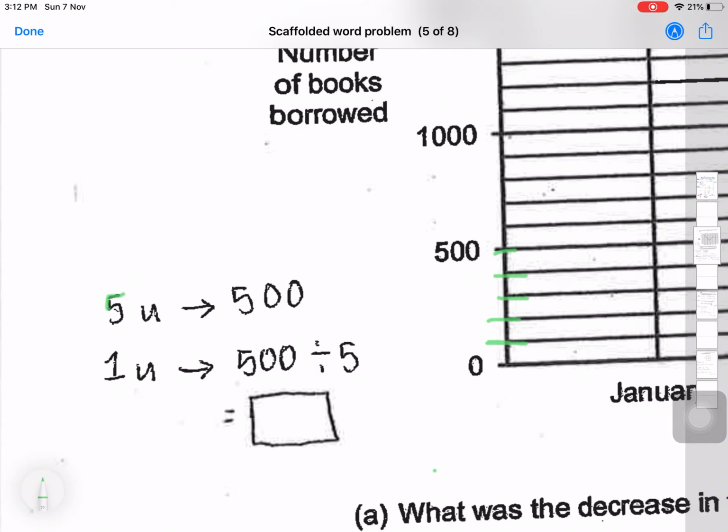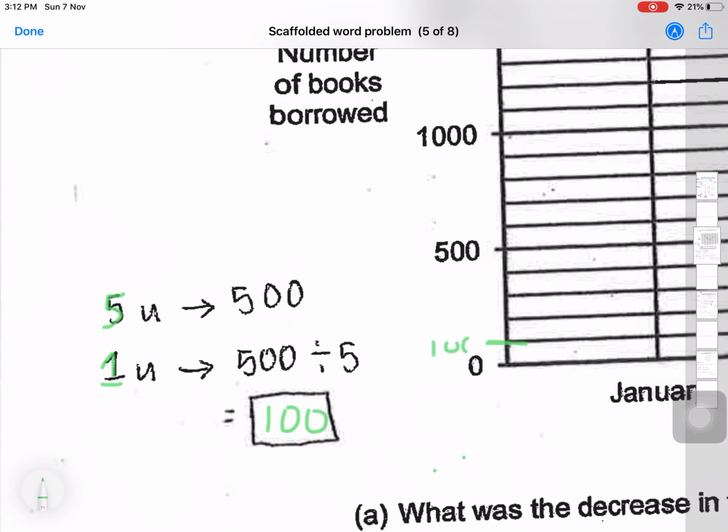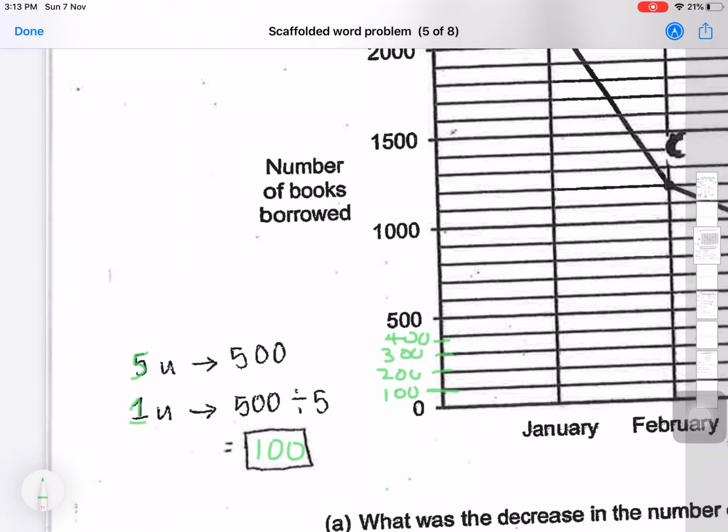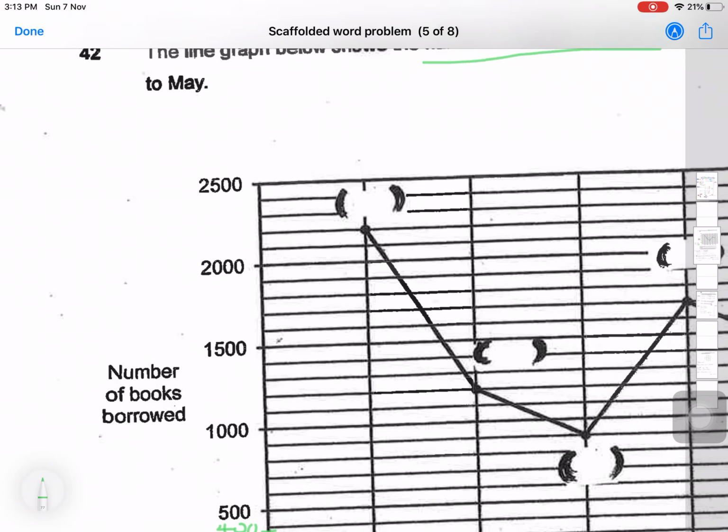So 5 units is 500. To find 1 unit, we take 500 divided by 5, that will be 100. So now we know that each interval is an increase of 100. So this is 100, 200, 300, 400, and 500, and so on. It's not necessary to fill up everything, but you have to fill up each point.